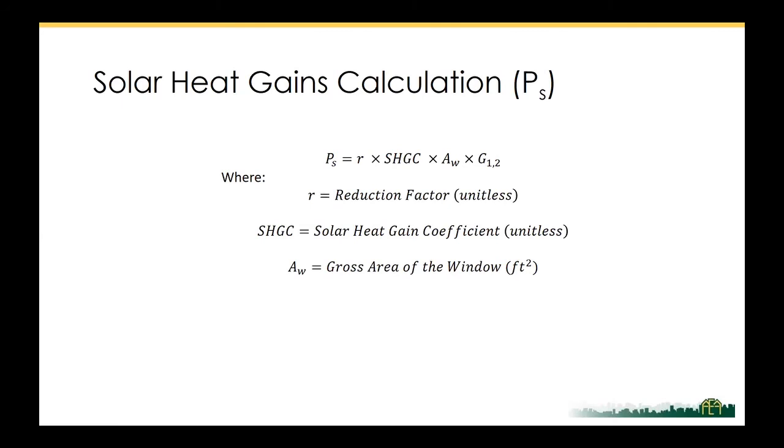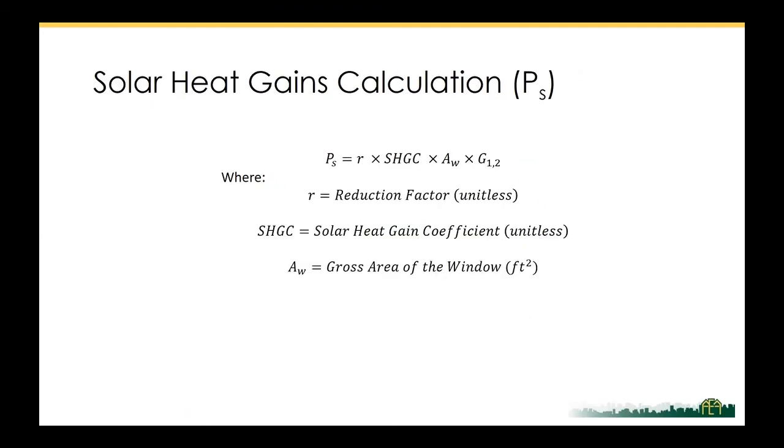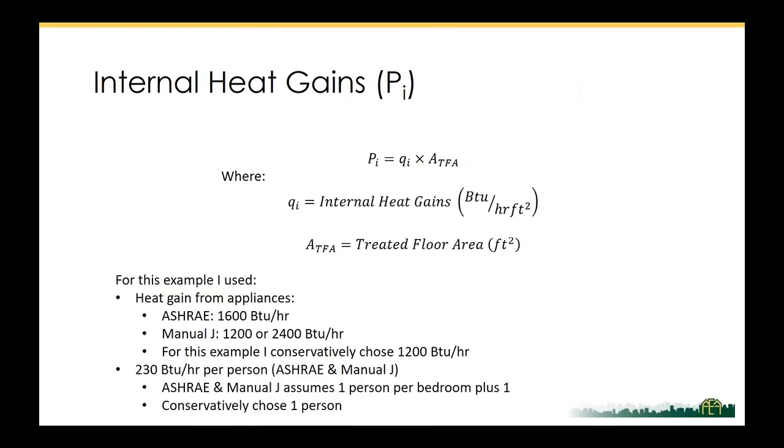You also have a reduction factor because the sun isn't hitting the window directly, so we have a reduction factor for that as well. And then again, we have our solar heat gain coefficient, which I think was 0.67. Finally, we're on to internal heat gains.